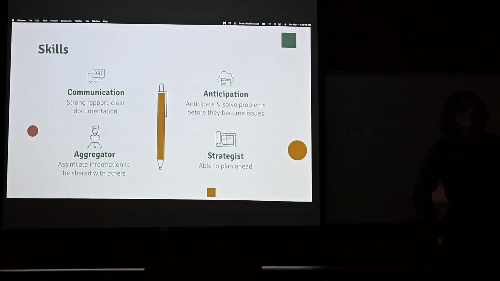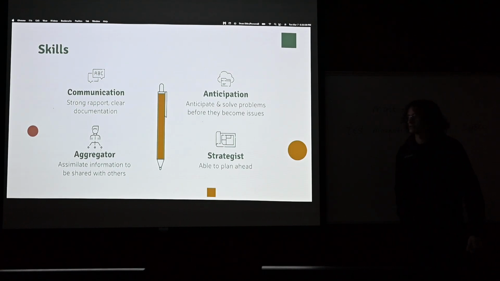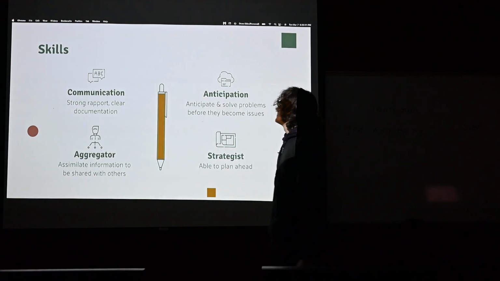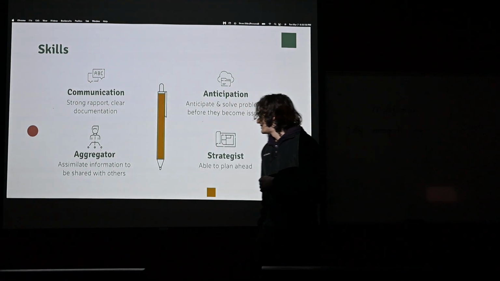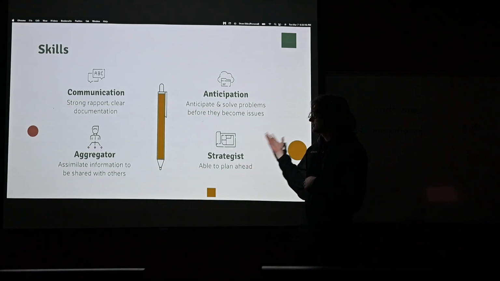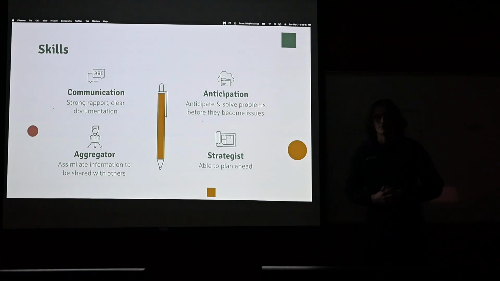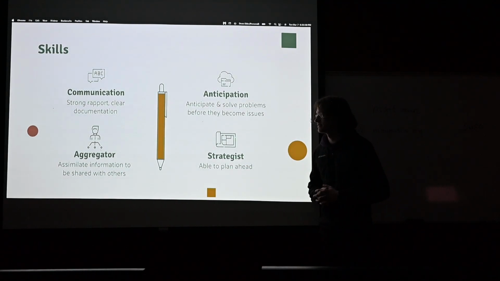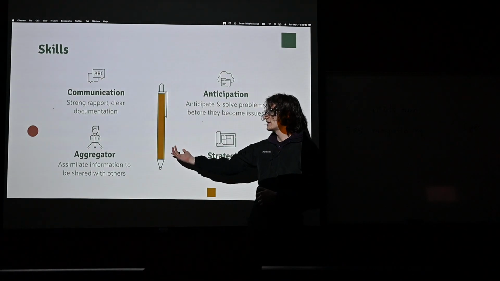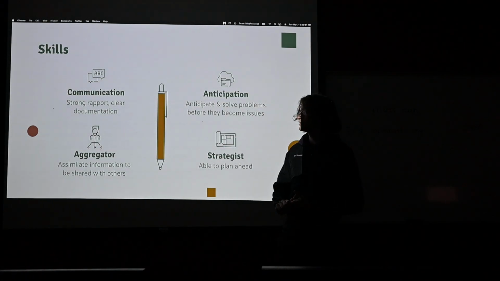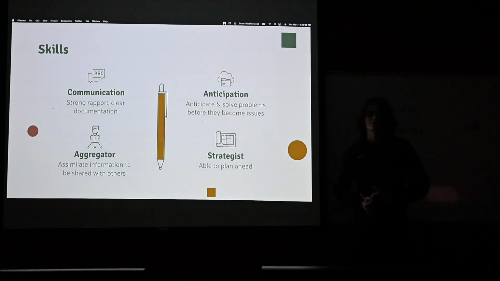Like, hey, I don't really like programming a whole lot, but I like working with people. So what if I just focused on being the best at coordinating projects and organizing the architecture? That's where anticipation would play in. And same with being a strategist, the ability to plan ahead. They go together.